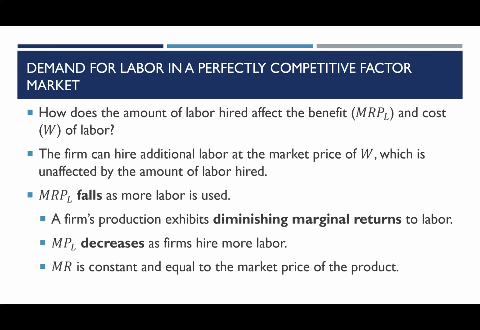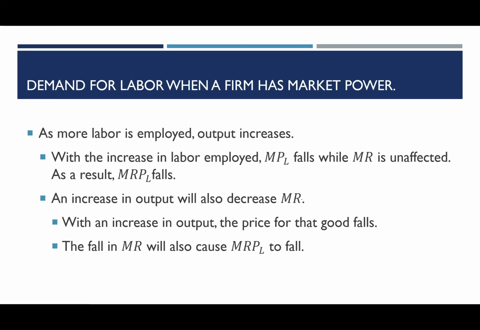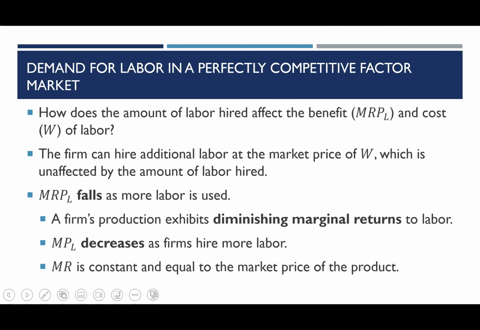One important thing in our context, since it's a perfectly competitive market, is that the price of labor is not going to change. The wage is going to be constant, and we're going to show that with a horizontal price line. So that wage is constant.